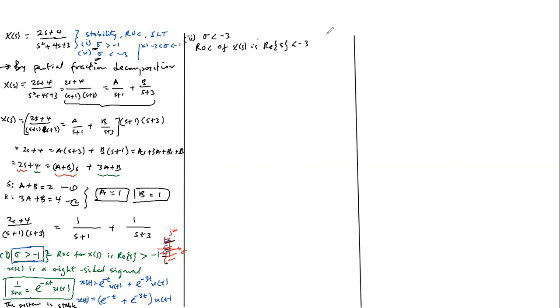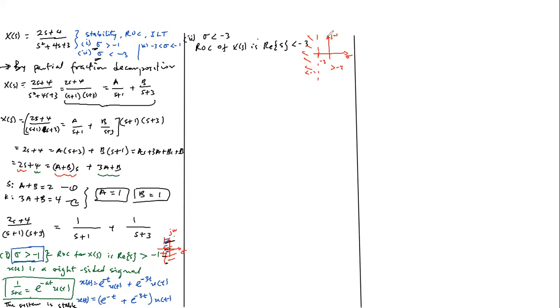And by inspection, we see that if we draw the s-plane, this is j omega, this is sigma, this is minus 3. I said it is less than. Now, values here are greater than minus 3. So if this is the line, this part is less than minus 3. So this is the region of convergence. So we can tell that this system is not stable.